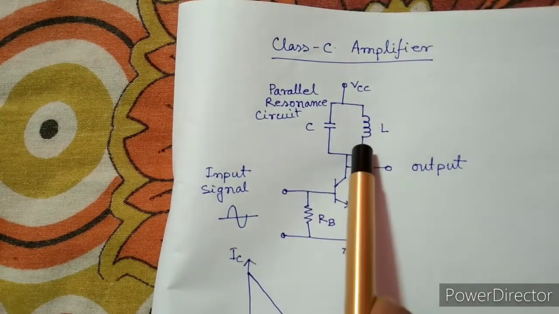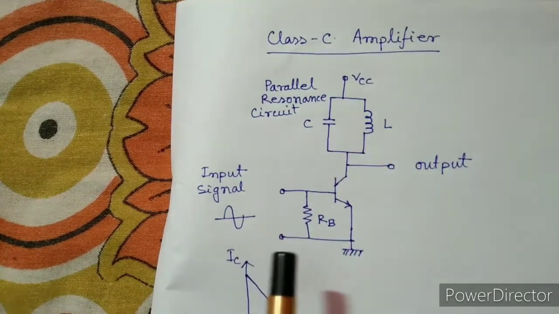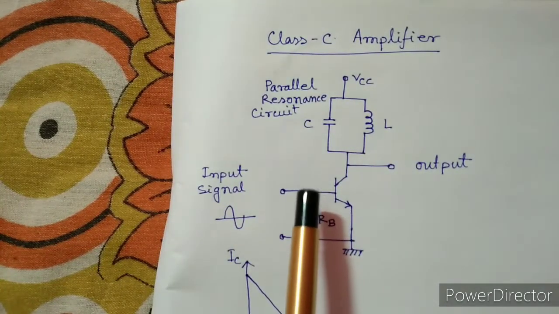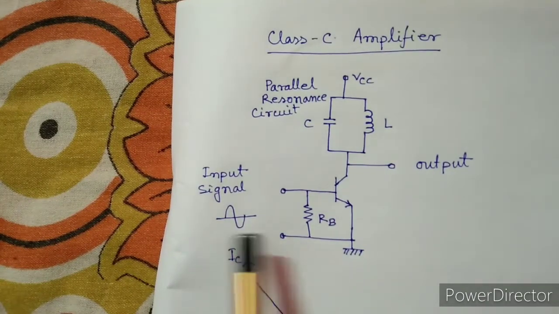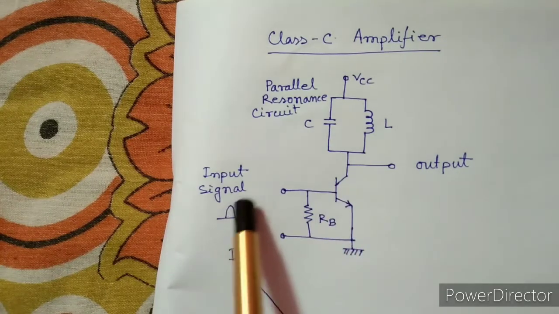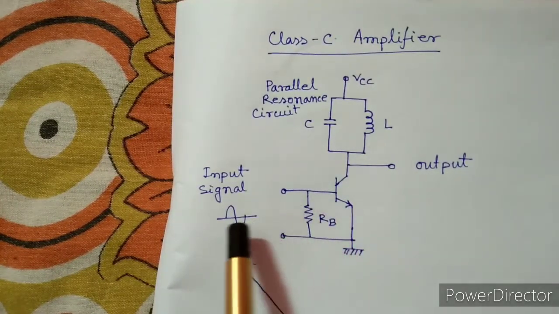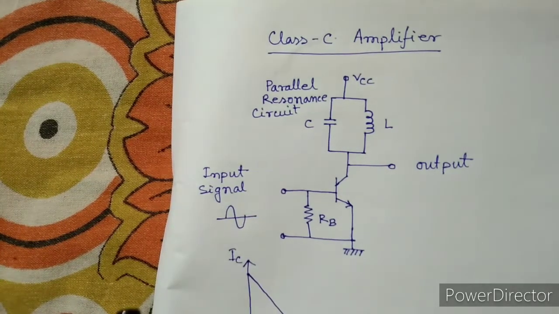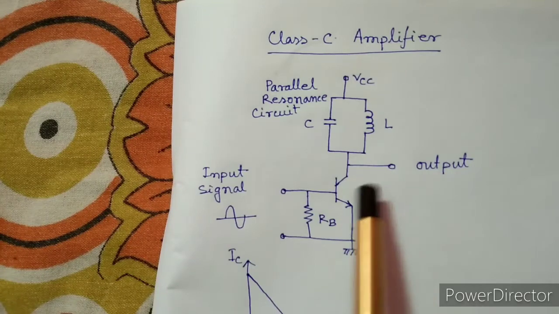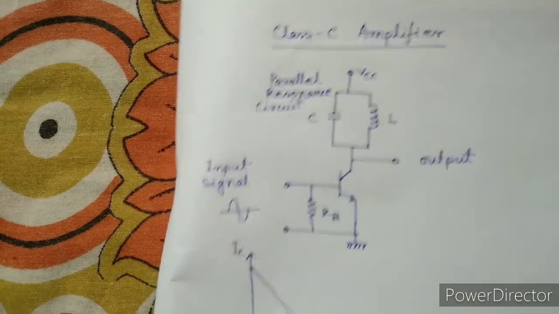Here a parallel resonance circuit is there. So, you can tune it to a particular input frequency. When the input comes, this transistor will be on for less than 180 degree conduction angle, and we will get the output.